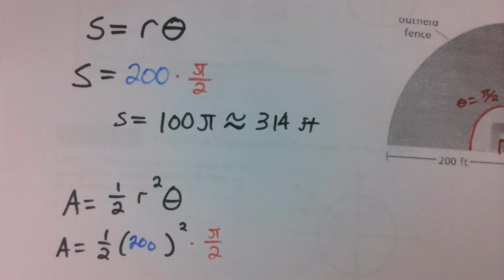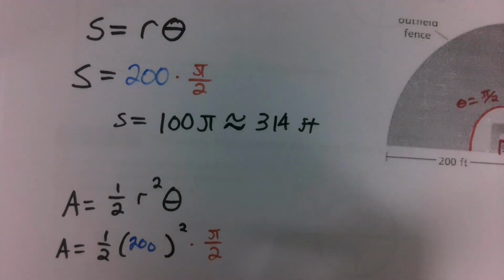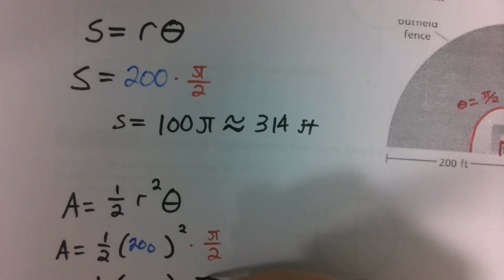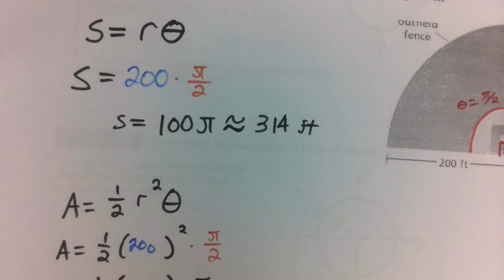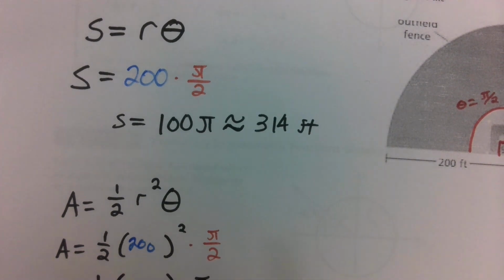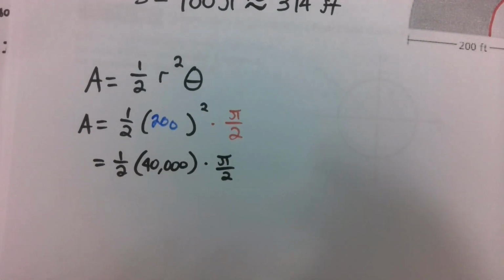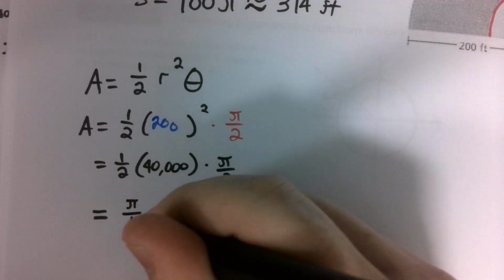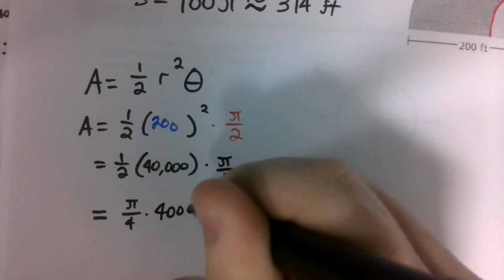Well, if we do these next couple steps, this is just simplification. 200 squared is 40,000 times pi over 2. I'm actually going to multiply the 1/2 times pi over 2 because it seems easier for me. That's just going to be pi over 4 times 40,000.